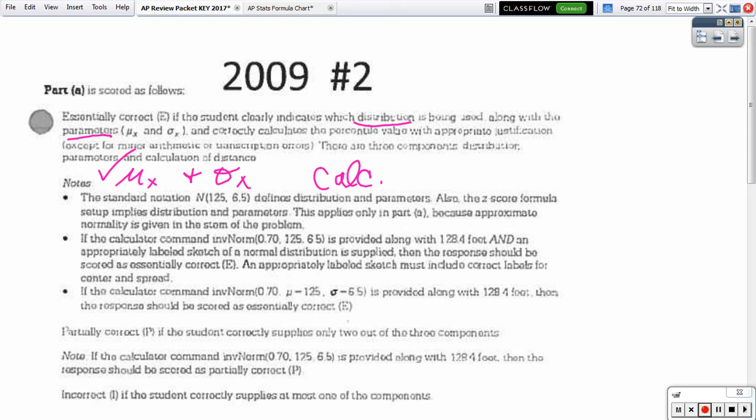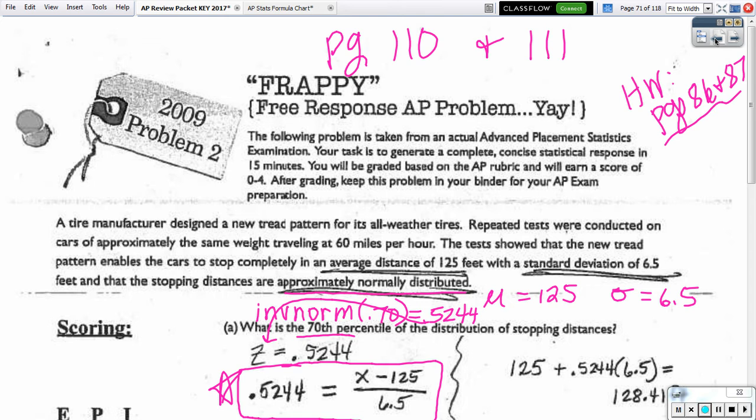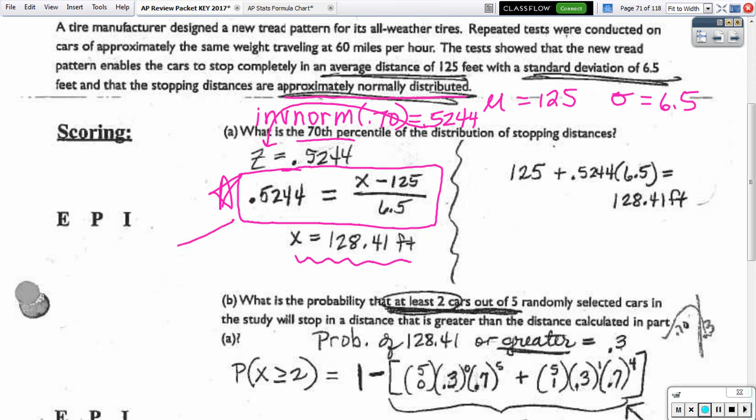It says the z-score formula setup implies the distribution and the parameters. So that is huge, meaning that the fact that you put this z-score formula implied that you were saying this was normally distributed, and it implied your mean of x and your standard deviation of x. So that covered 2 out of the 3 requirements to be essentially correct.